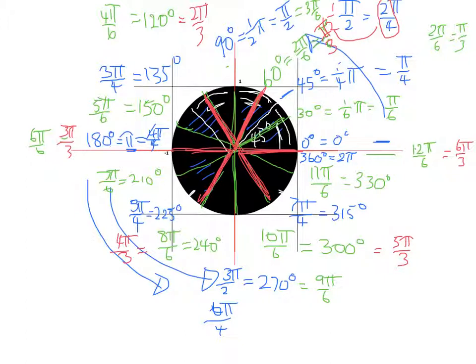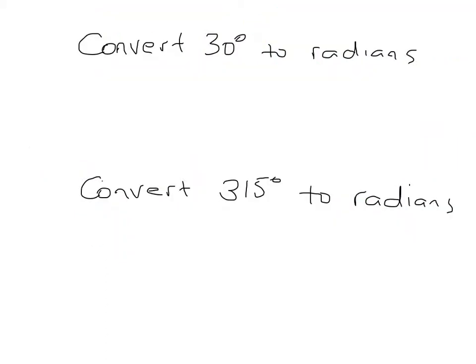I'm just going to go through now how you do some conversions between degrees and radians. First one we have here is convert 30 degrees to radians. Now, if you remember, the relationship that we had was that pi radians was equal to 180 degrees.